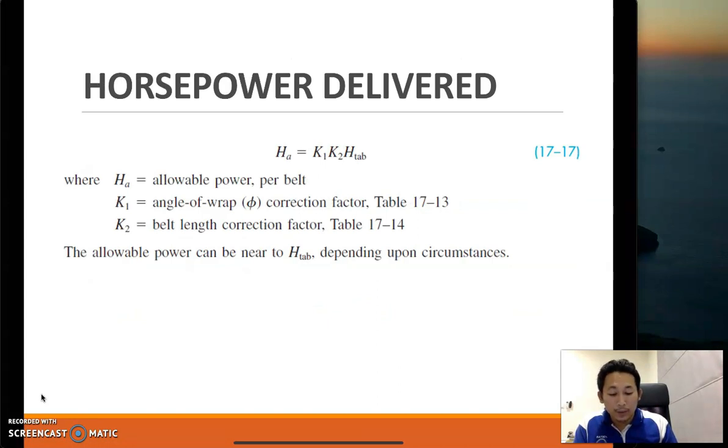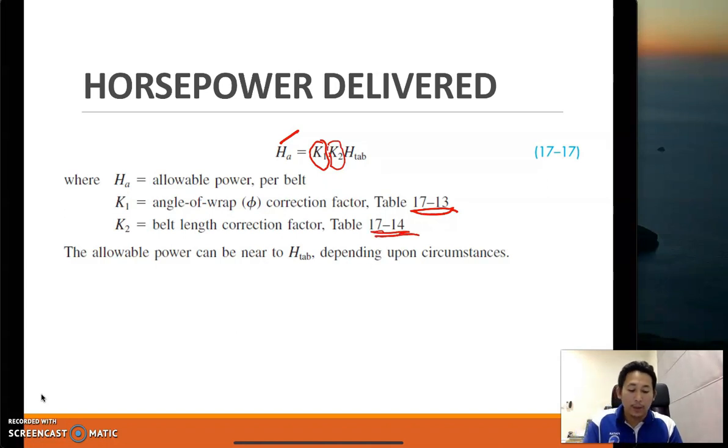Horsepower delivered: we have the H_A for the allowable power. This is the correction factor. K1 is the correction factor, refer to table 17.13, and this one is the correction factor, refer to table 17.14.